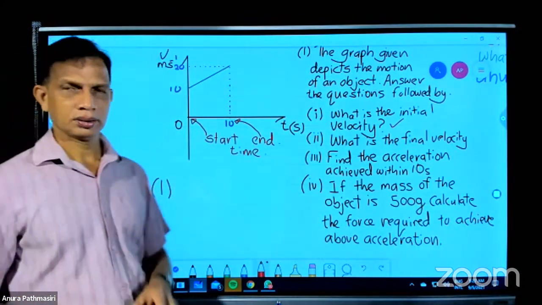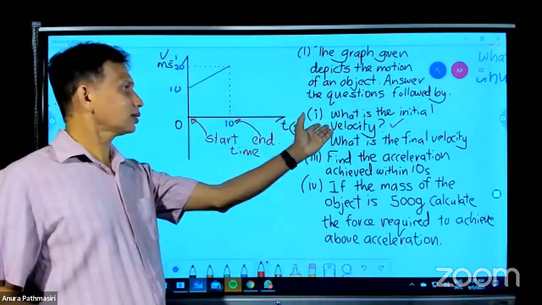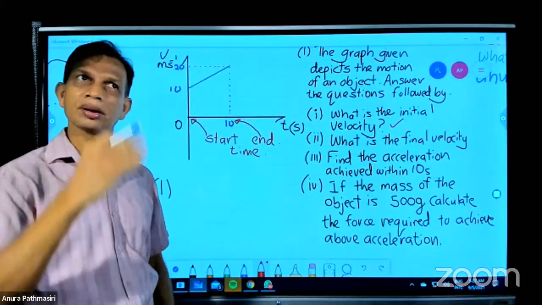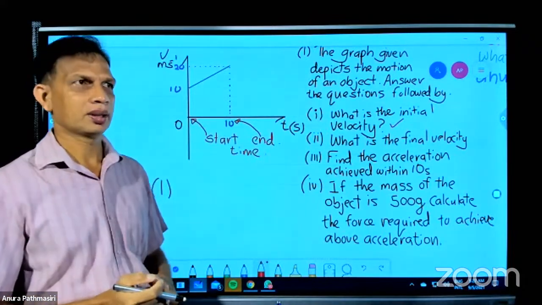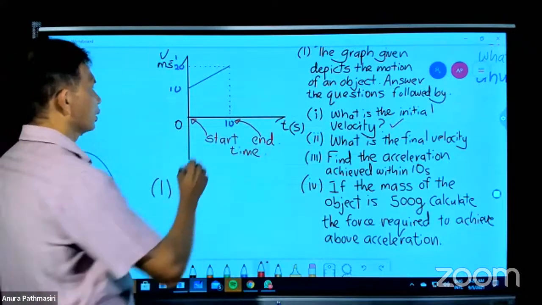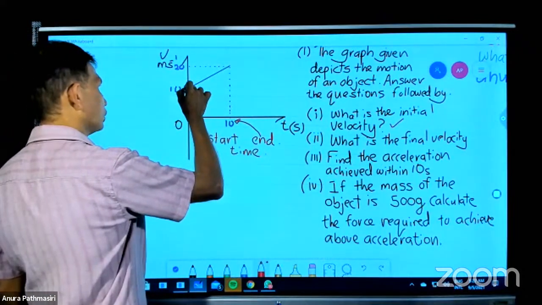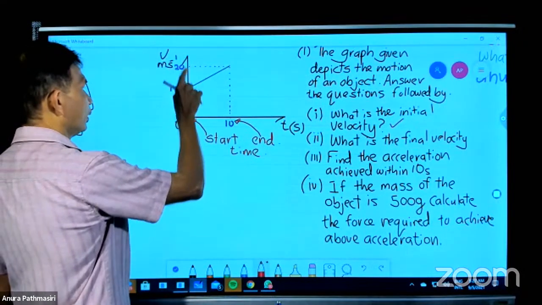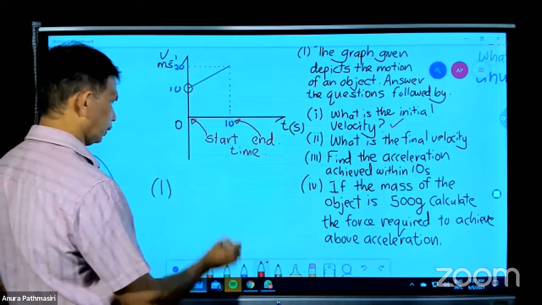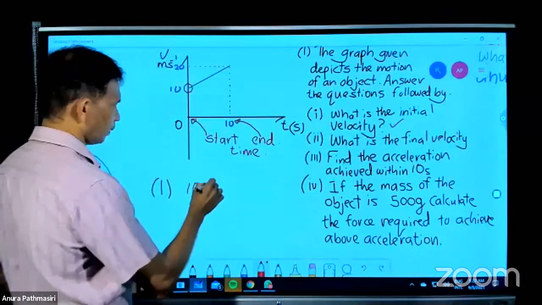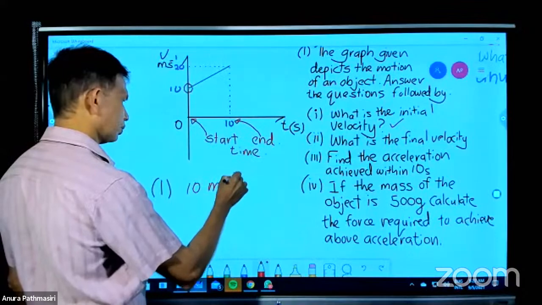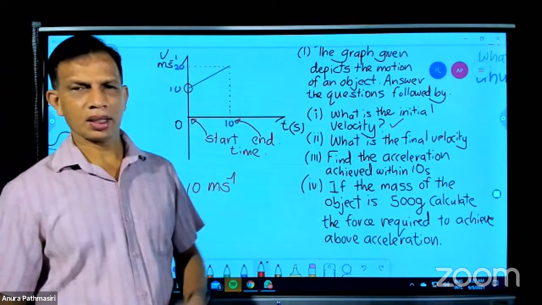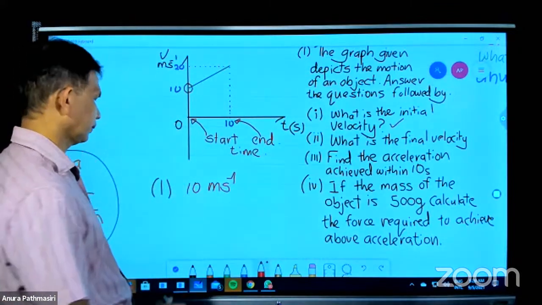Consider the start on the x-axis and then find out the relationship with the y-axis, how it deviates. Initial velocity, when it starts, it's not 0, but 10, and your answer should be 10 meters per second. 10 meters per second is the answer for the initial velocity.